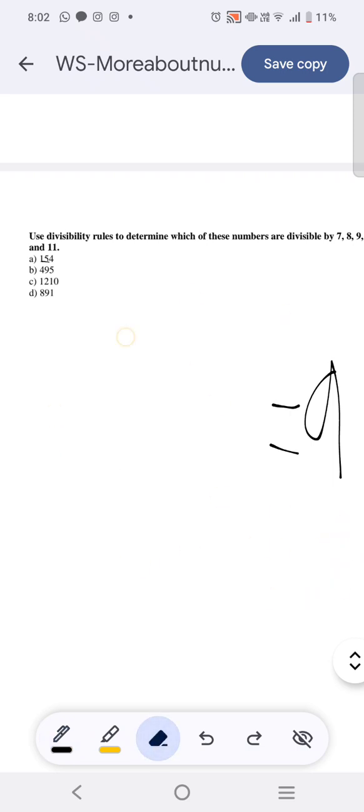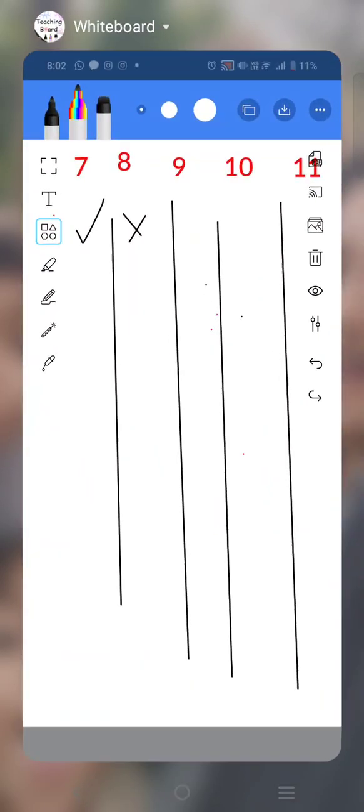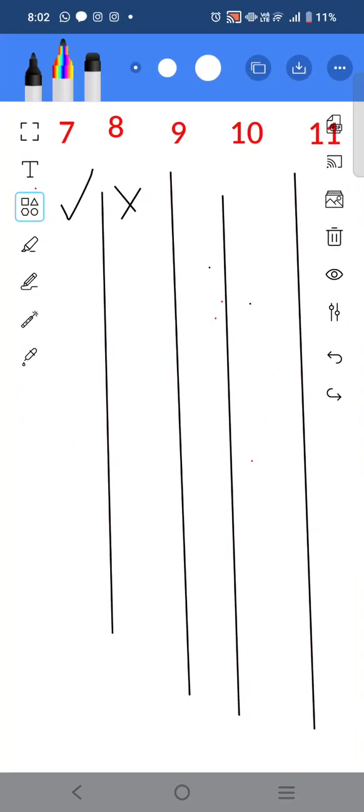Does 10 come? Nope. So this means that 10 is not divisible by 9, which means that 154 is not divisible by 9. Okay, so we're just going to write no in here.